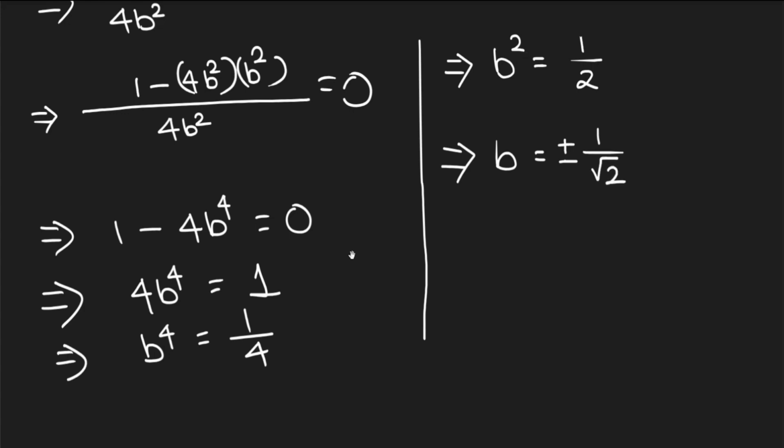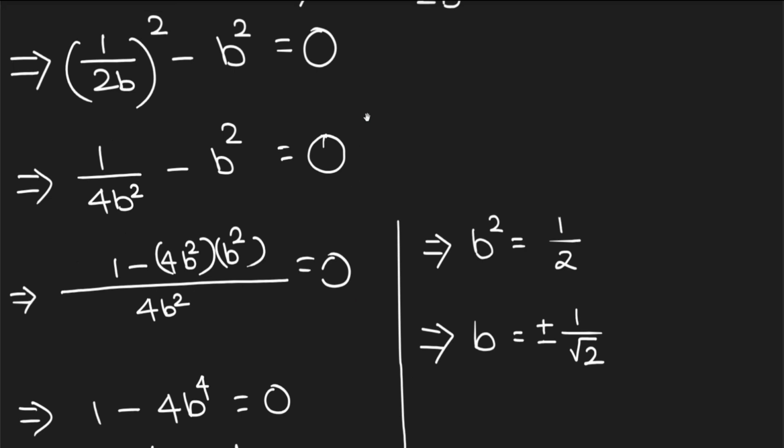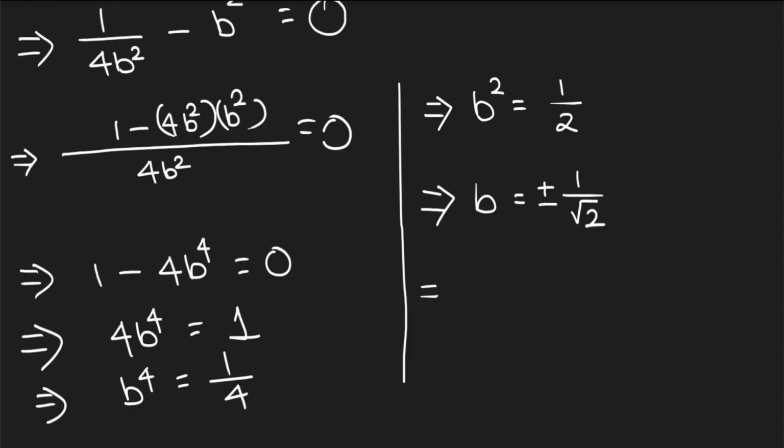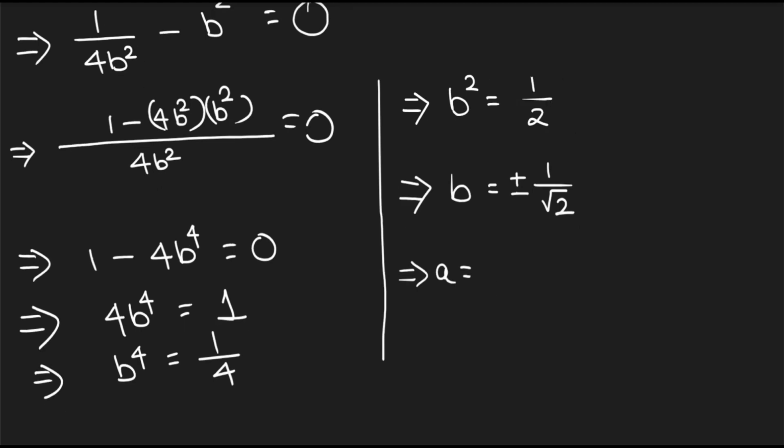As from the above we know the value of a is equal to 1 by 2b, that is 1 divided by 2 into plus minus 1 by root 2.